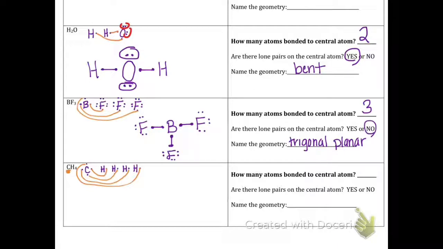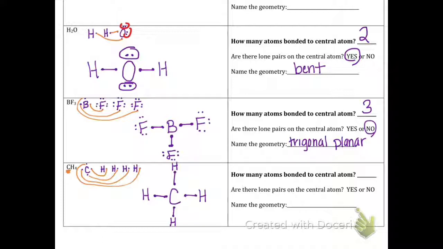All right, so putting carbon in the middle, it's going to be here. So now I'm going to make buddies with hydrogen, four times over.